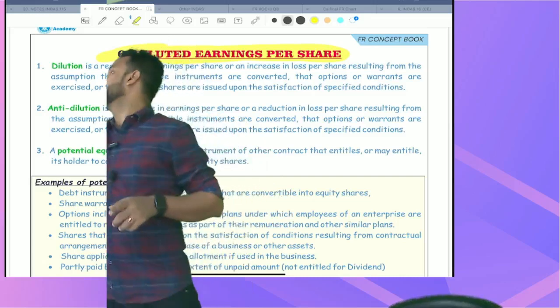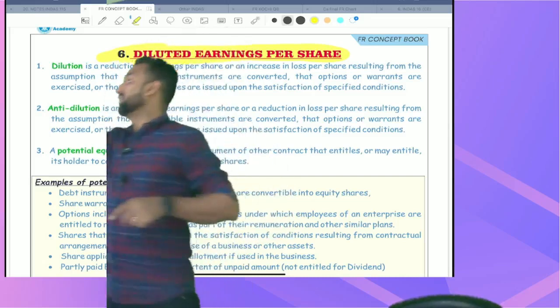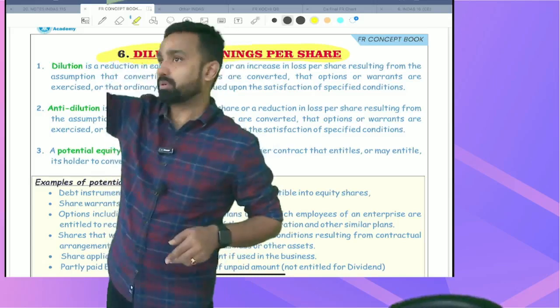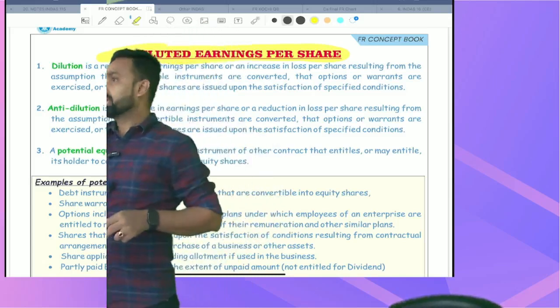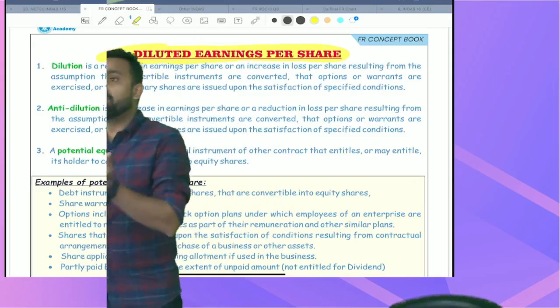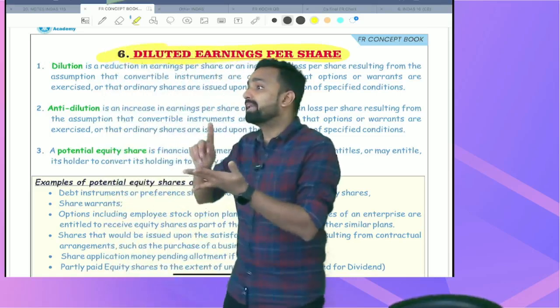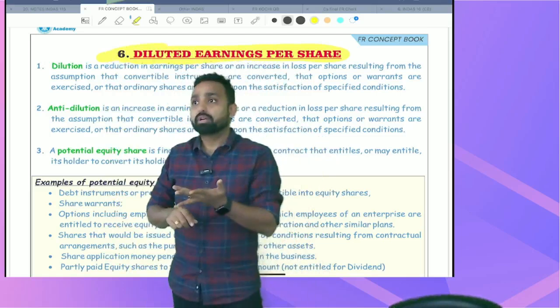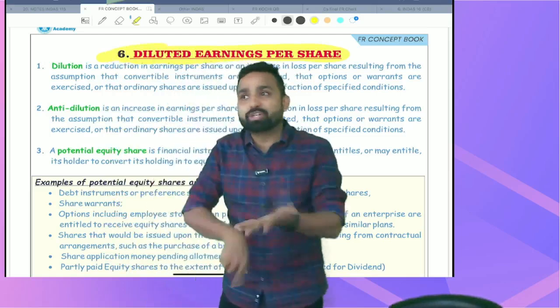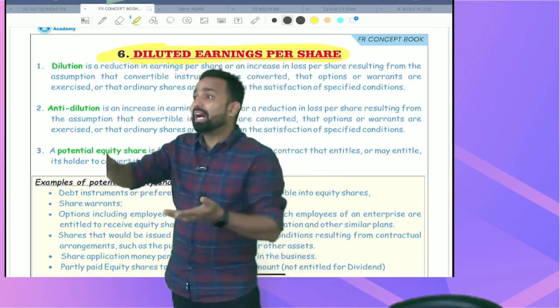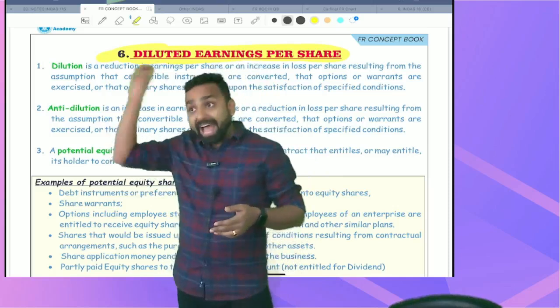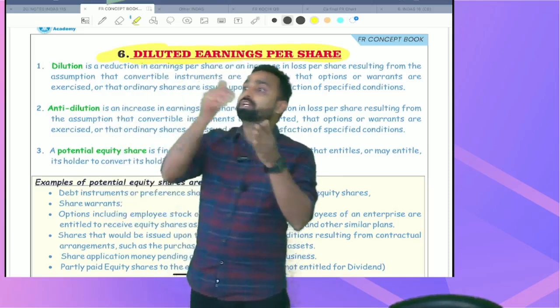Earlier they were debentures, earlier they were preference shares, earlier they were share warrants, earlier they were ESOP. Are you understanding or not? Share warrant, ESOP, convertible preference shares, convertible debentures, share application money pending allotment, contingently issuable shares. These all are potential equity. They have the potential to convert into equity shares.